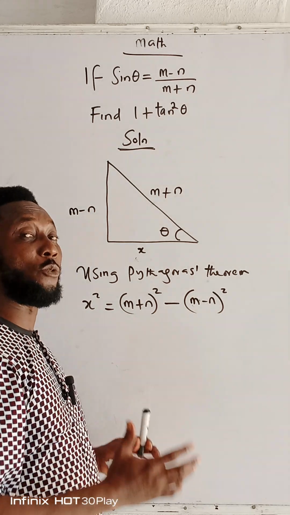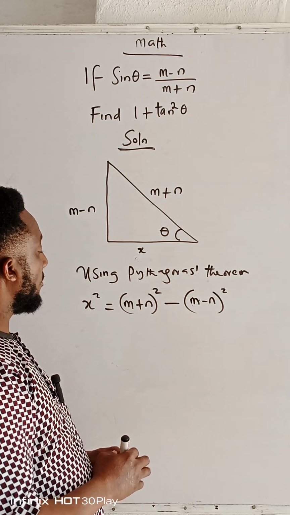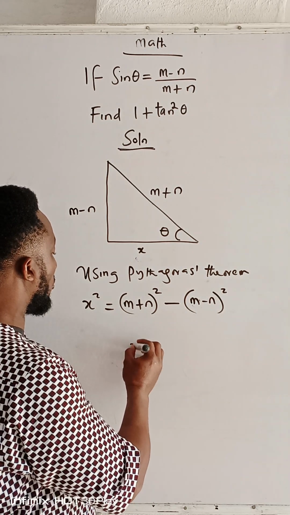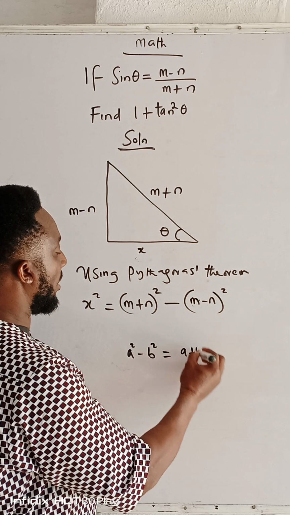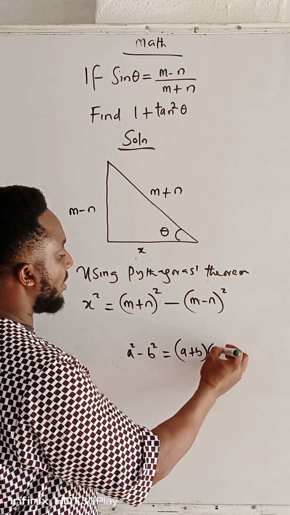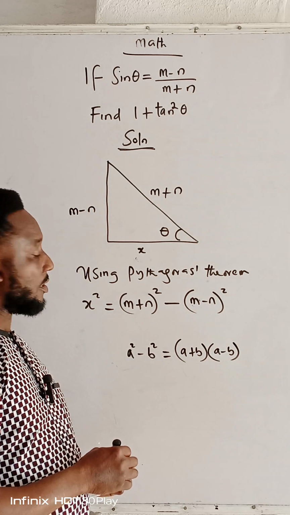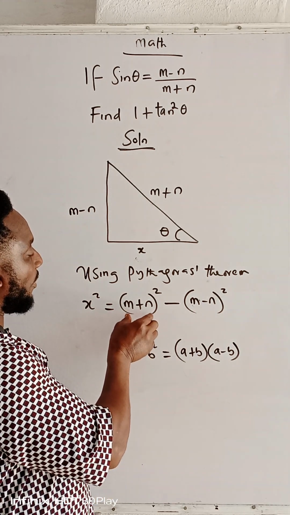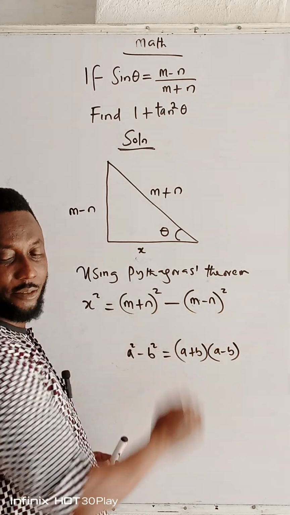And a difference of two squares, we are already used to the formula. So if we have a squared minus b squared, this becomes a plus b in parenthesis, a minus b. So this will make our work faster. So a is m plus n, b is m minus n.